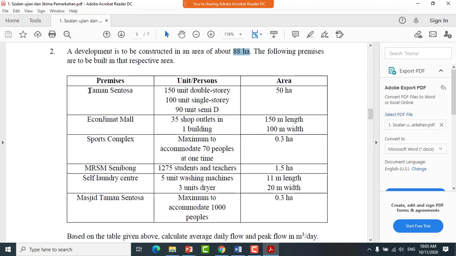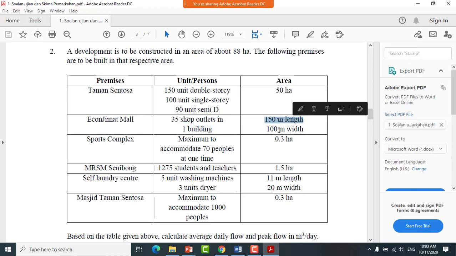We have Taman Sentosa: 150 units double story, 100 units single story, and 90 units semi-detached. We have Econ GMAT Mall with 35 shop outlets in one building.